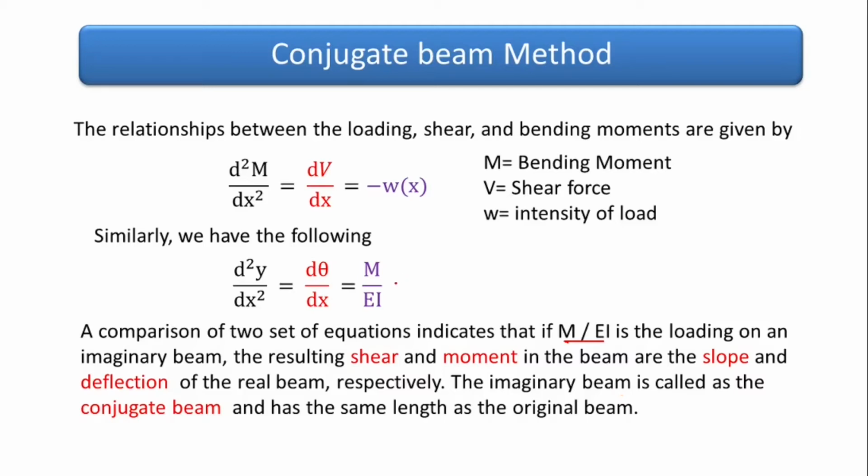For the imaginary beam, we have to apply the load as M by EI. So the shear force in the imaginary beam is equal to the slope in the real beam, and the bending moment in the imaginary or conjugate beam is equal to the deflection in the real beam.